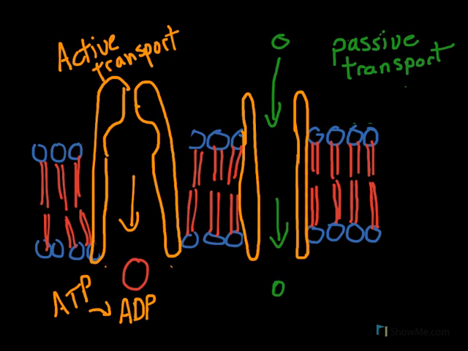Remember, passive transport requires no energy. It's just simple diffusion, movement of molecules from areas of high concentration to low concentration, whereas active transport moves materials from areas of low concentration to high concentration. And when that happens, it requires energy in the form of ATP.